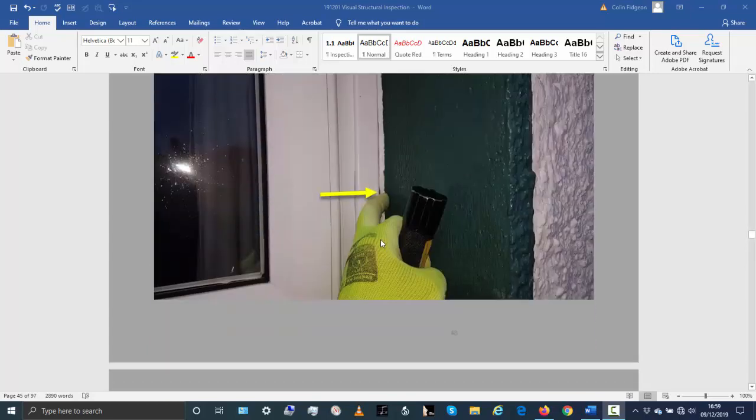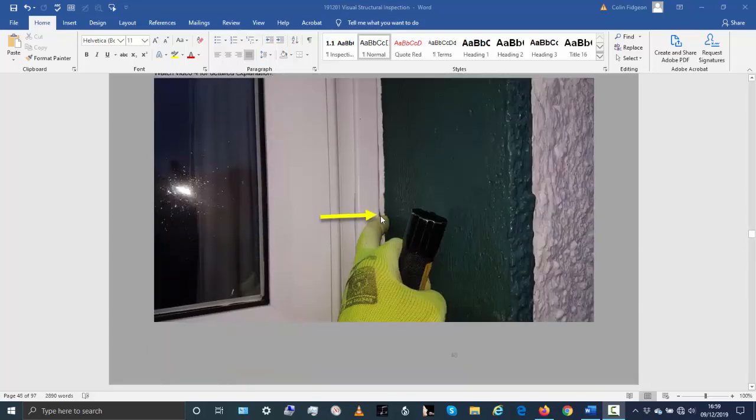Now, if I zoom in, you can see, just as I put pressure on it, this silicone seal has not adhered to the window. So it may have stuck at some point, but it's not adhered now. So there is actually a gap there where driving rain can penetrate, and you might be surprised at how much driving rain can get in there.